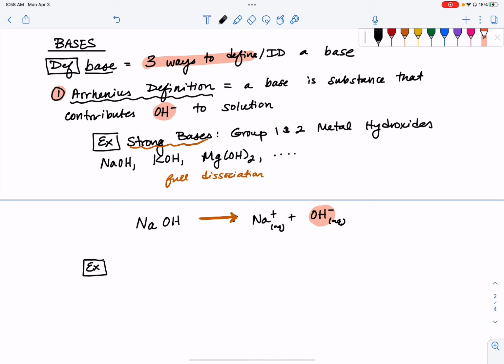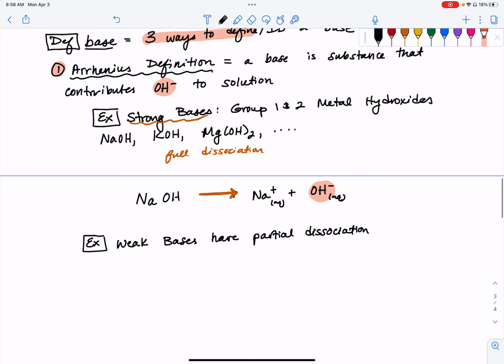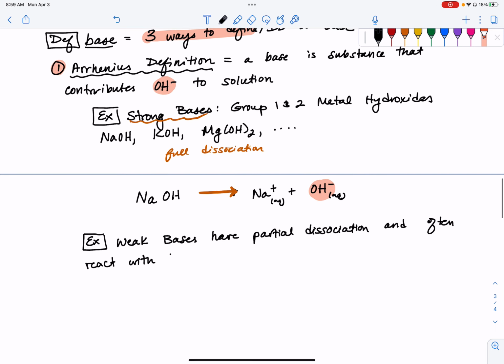Whereas weak bases, these are a little bit more interesting. So weak bases have partial dissociation and often react with water in solution to create hydroxide ions.